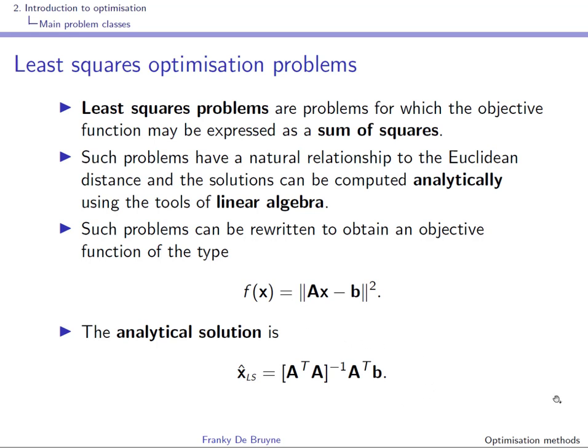If necessary, you can review this topic as the course is available online. One application of this type of optimization problem is the estimation of ARX models using a one step ahead prediction in the course of linear system identification.